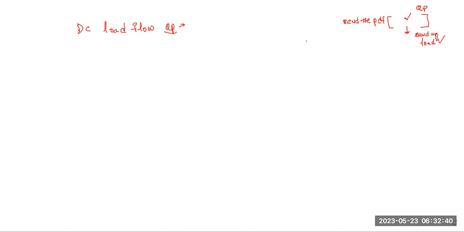Now, in this DC load flow analysis, when we were doing Gauss Seidel iterations and the normal power flow analysis, we calculated all the values: real power, reactive power, current, everything. But in this DC load flow, only the real power is calculated. So it is basically used for monitoring purposes only. Every value will not be calculated.